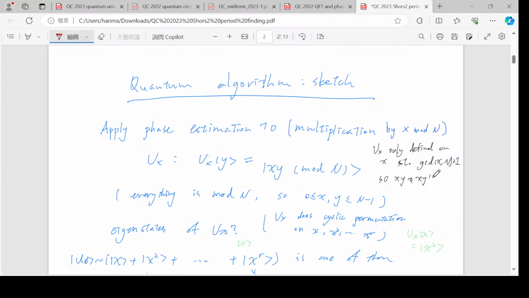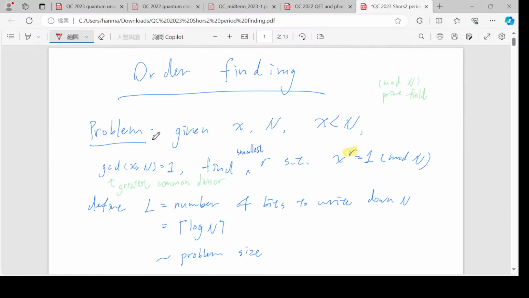Okay. And anyway, so this thing depends on x, and x as we said, we need x so that GCD of x and N equals 1. So we are still thinking about order finding.